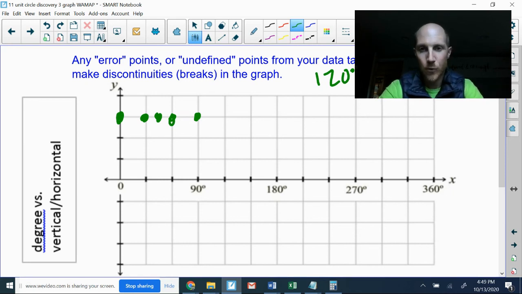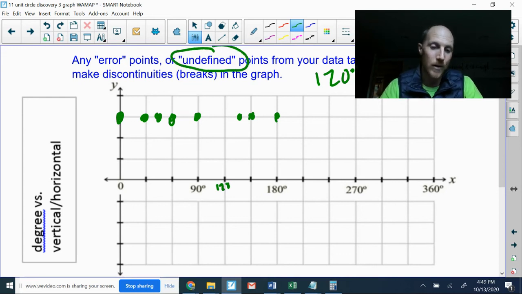So when I get to 120 degrees on my little demonstration graph right here, there is not going to be a point. So I would go to whatever the next thing is, 135, and put a point here, and then 150, 180, and so on, and keep going. Okay, so any place where you have an undefined or does not exist, you just don't put a dot there, right? No dot on graph.